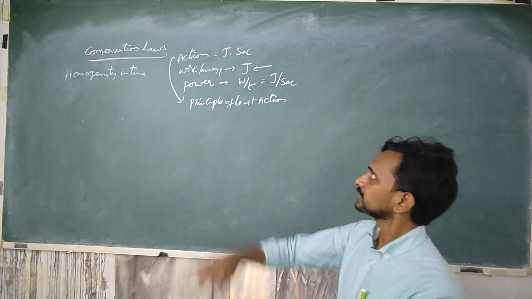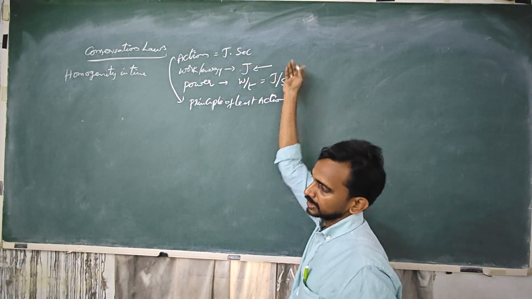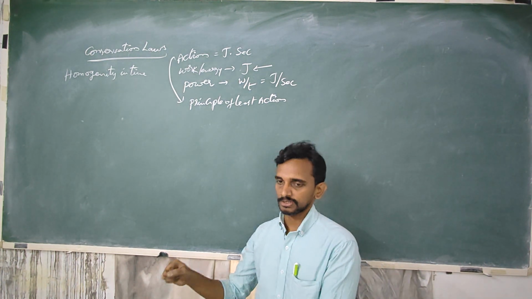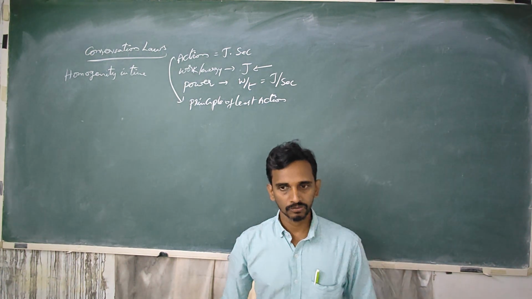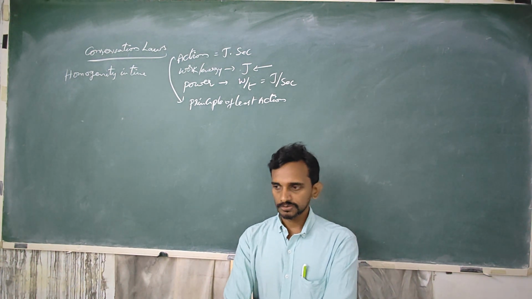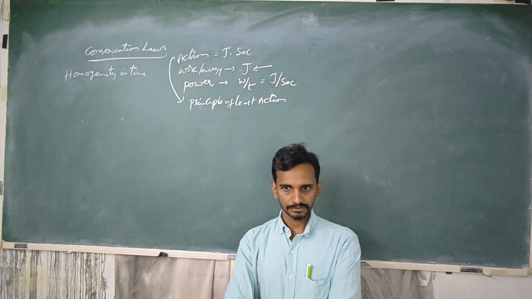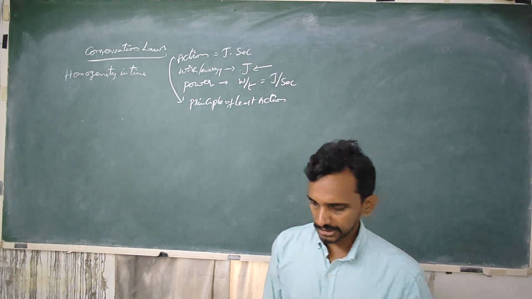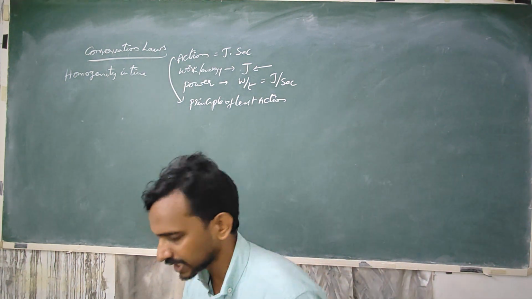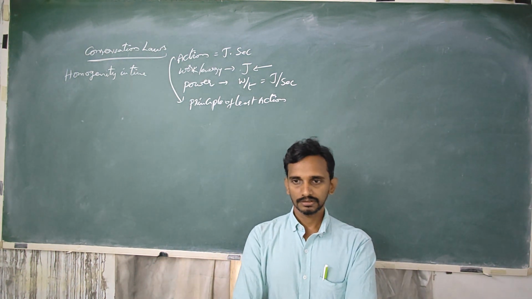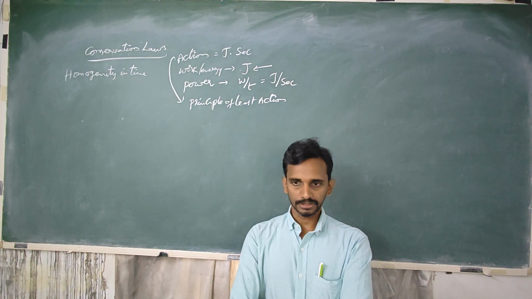For that we have to multiply total energy into time. Let's say I want to bring 10 buckets of water to the first floor upstairs, and for each bucket I am taking 1 minute. Let's say I am taking each bucket one by one. How long will it take? 10 minutes.